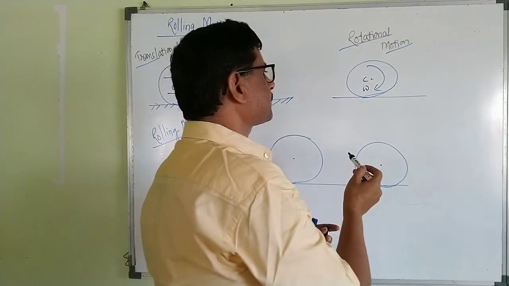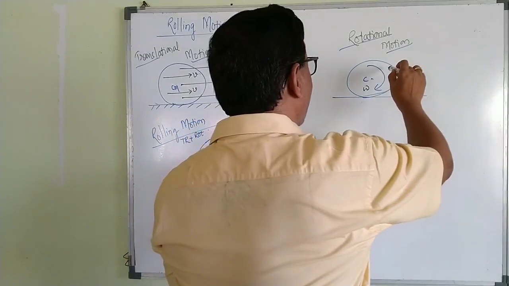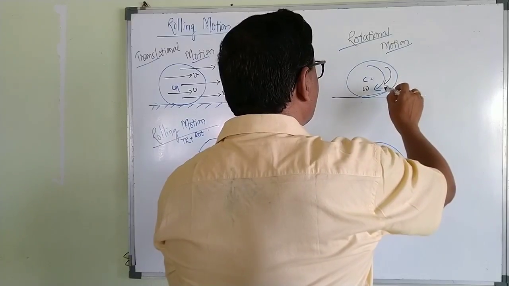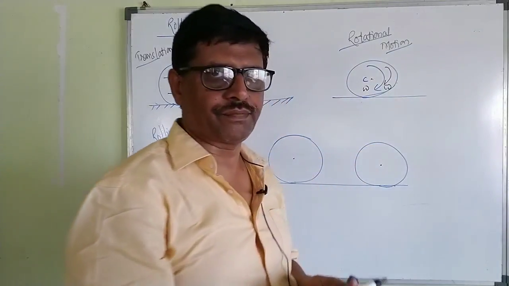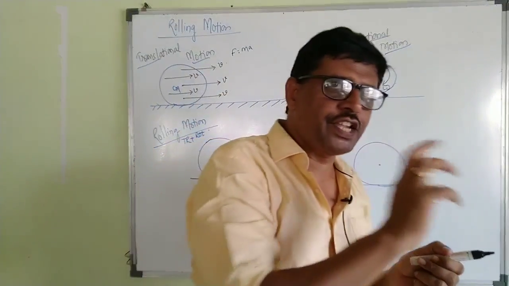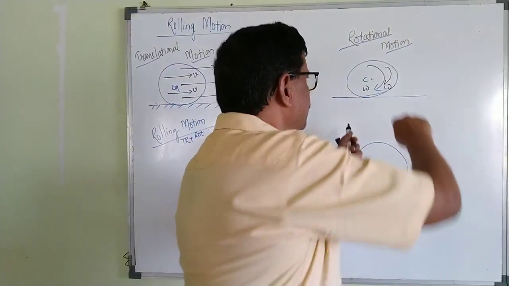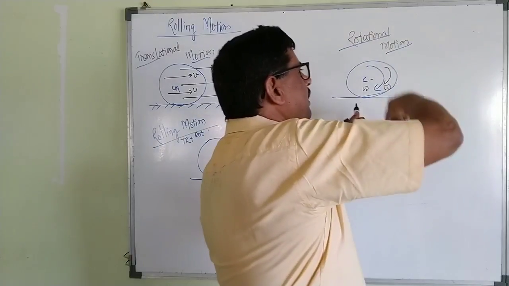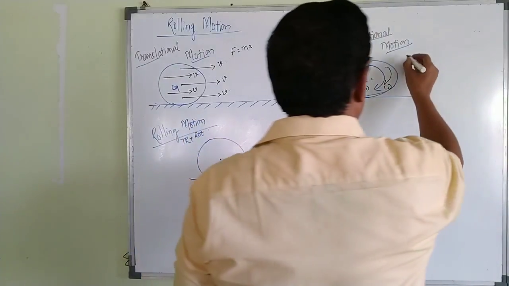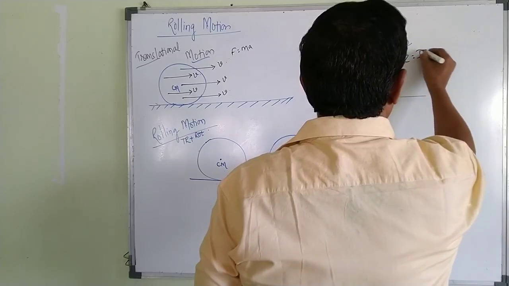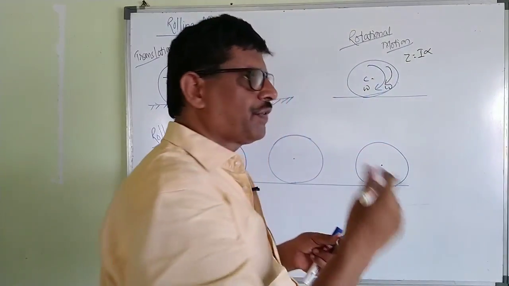Here, let the particles of this rotating body have constant angular velocity. You can change the angular velocity by applying torque on it. The torque applied on it is equal to I alpha, which will give the change of angular velocity.